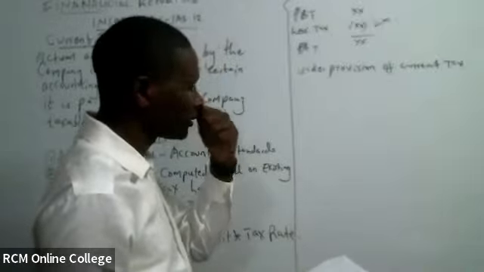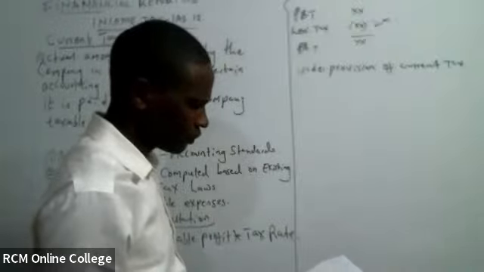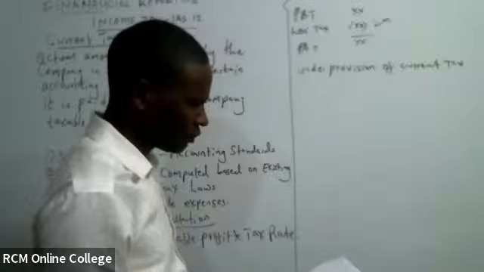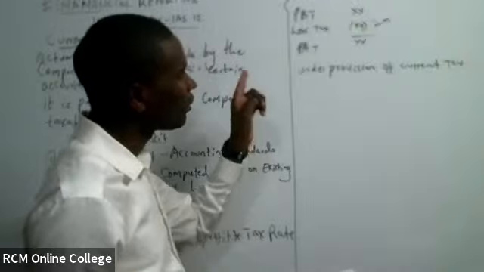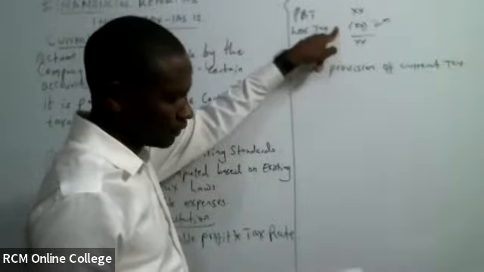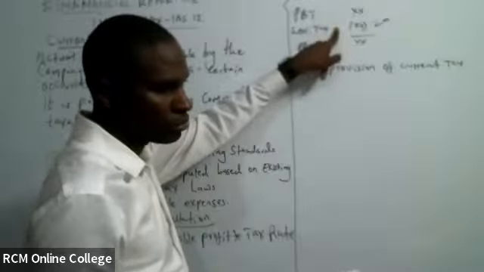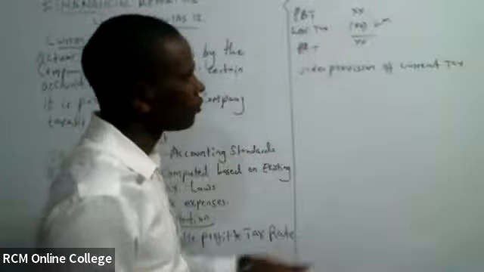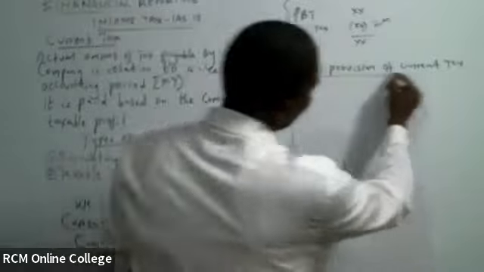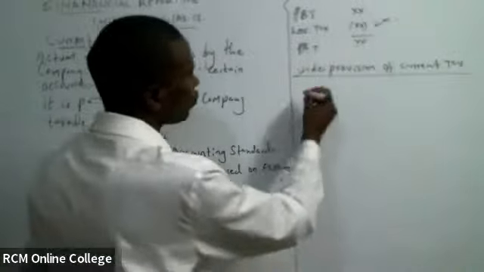I think that statement you have to rectify. Under provision is when the tax provided is less than the actual. Whatever we have provided is less than the actual. Under provision of current tax, the provision is less than the actual tax.